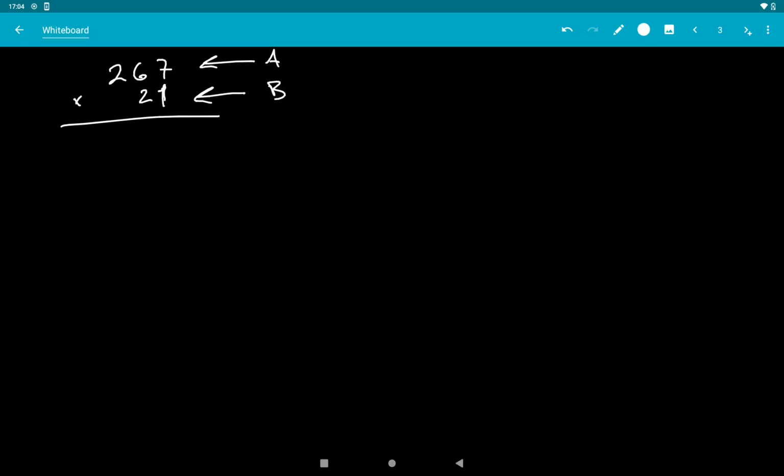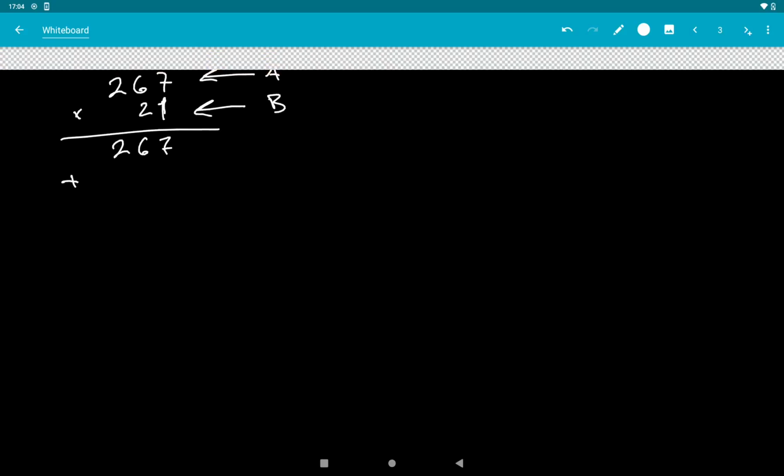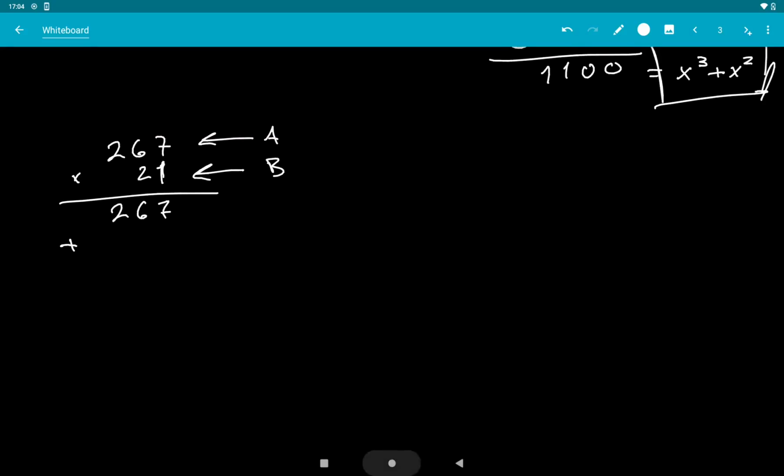And the way this works would just be you take your A times your B index of 0, and then you add into that your A left shifted by 1, which in the case of decimal is actually a multiplication by 10 rather than a multiplication by 2.